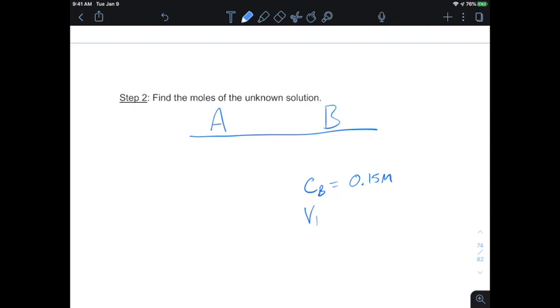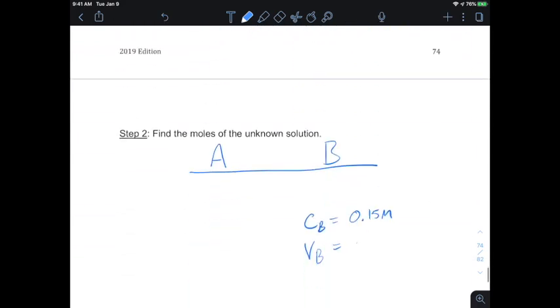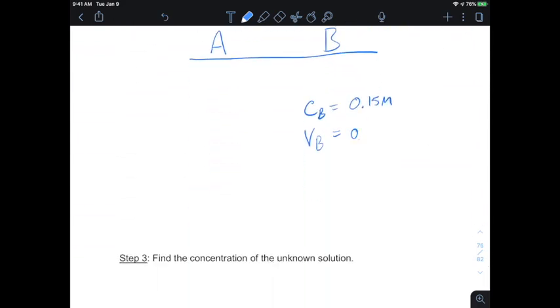And we have a volume of a base, which was, did I say 35 milliliters? Okay, so that's 0.035 liters. Together, this would give us a number of moles of base, and our base here is sodium hydroxide.